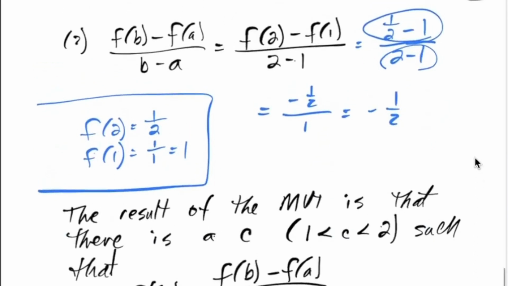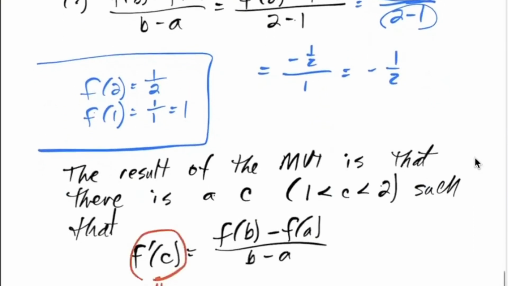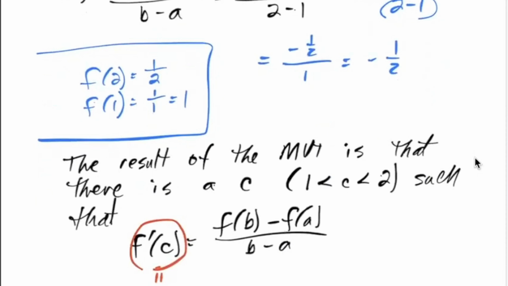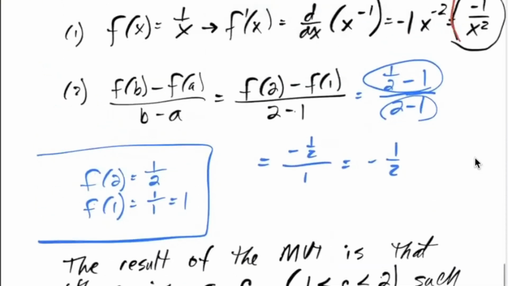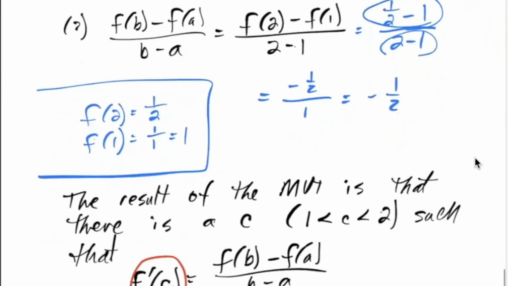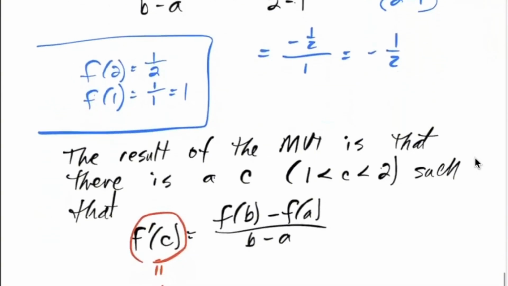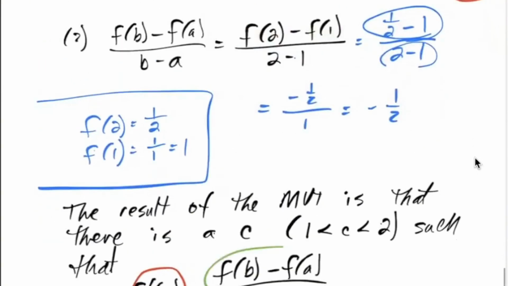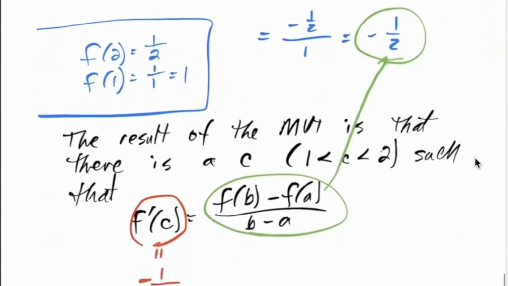Well, we already figured out that the derivative is negative 1 over c squared. I plug in x equals c, and I get this value. And the right side was negative 1/2, so this is going to equal negative 1/2.